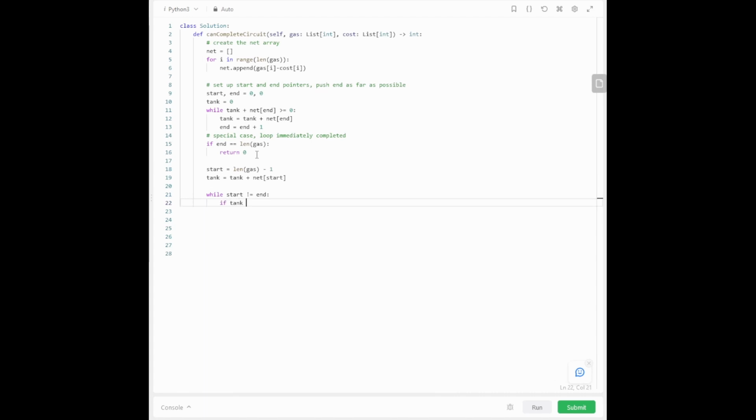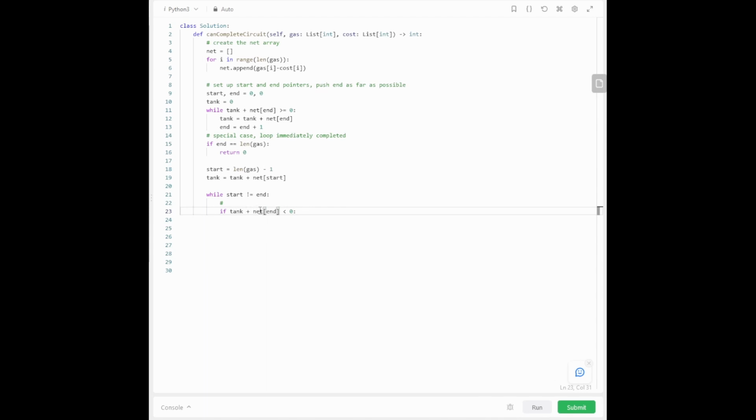If our tank is less than 0, then what does that mean? Sorry, if tank plus net end, pretty much exactly what we did up here.